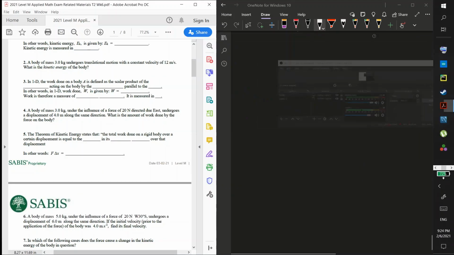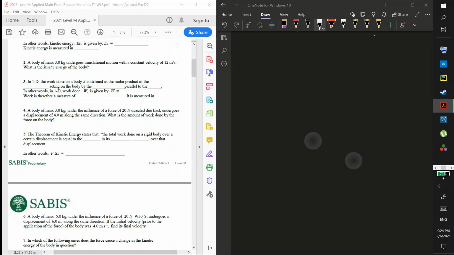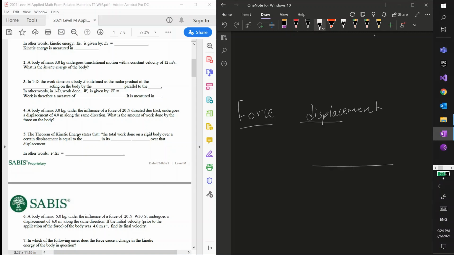So, question 3. In 1D, the work done on a body is defined as the scalar product of the force acting by the displacement parallel to, I'm guessing, the axis of motion.